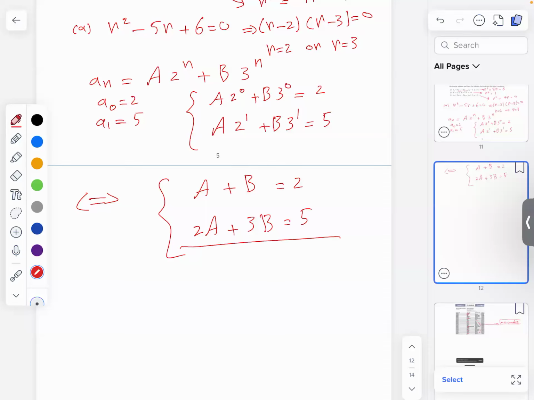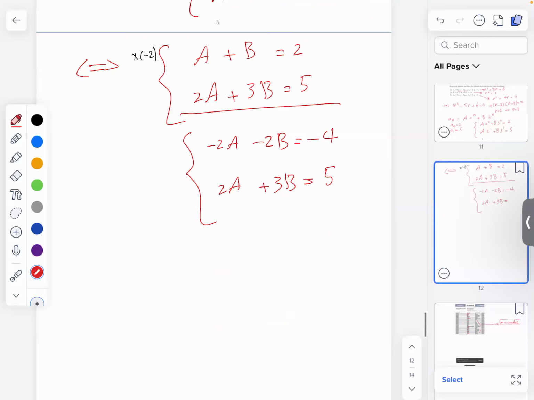Let's do the elimination method, but before that we need to times this one by -2. So -2A minus 2B equals -4, and 2A plus 3B equals 5. 3B minus 2B is B, and this one is 1.